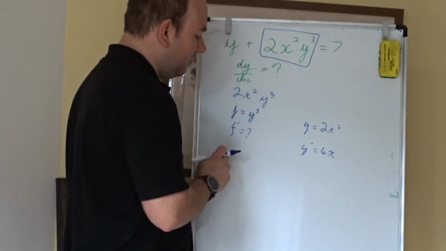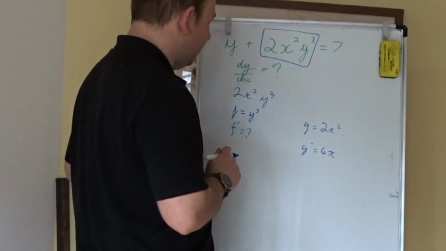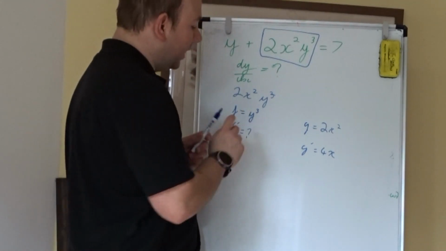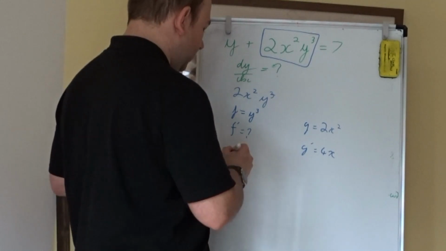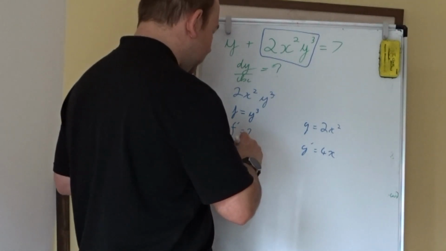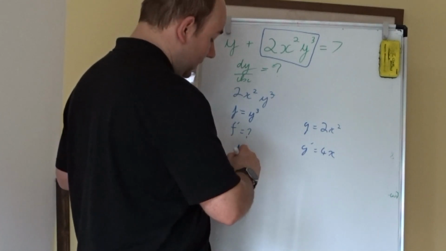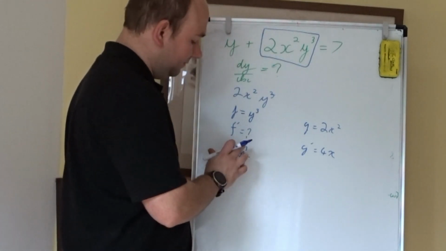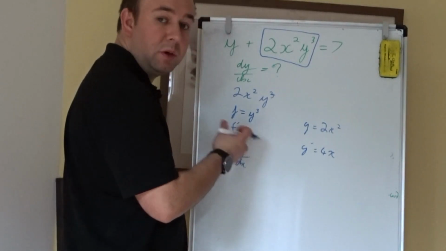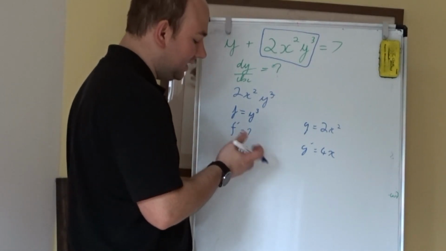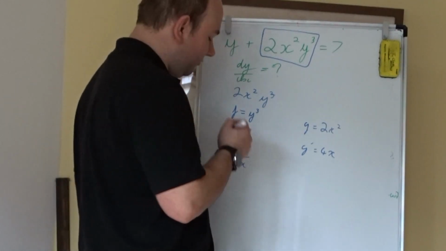Now, let's consider what we have to do with this y cubed term. This is where we have to use the chain rule. So we could try doing dy cubed by dx. And the problem is, this will have some dependency on x, but we don't know what that dependency on x is, which makes it difficult to differentiate.